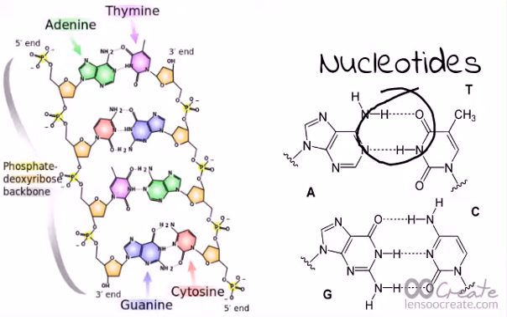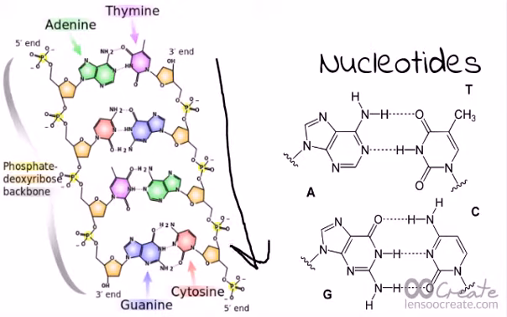Now, when we talk about the structure of DNA, something that's pointed out is that it's anti-parallel. And what I mean by that is this side goes this way and this side goes this way. There is a 5' end and a 3' end on each strand. And if you look, you'll see why it's called anti-parallel, because when you think of something being parallel, you think of something being side by side to each other.